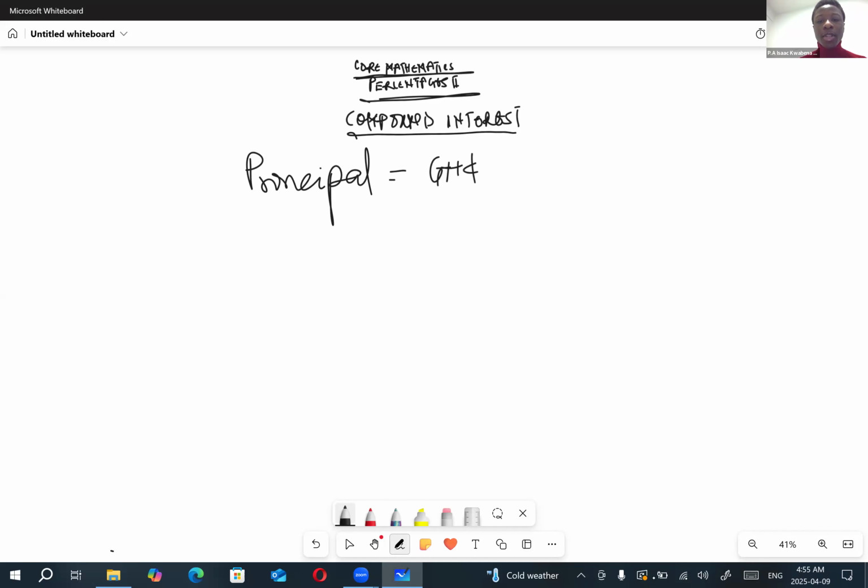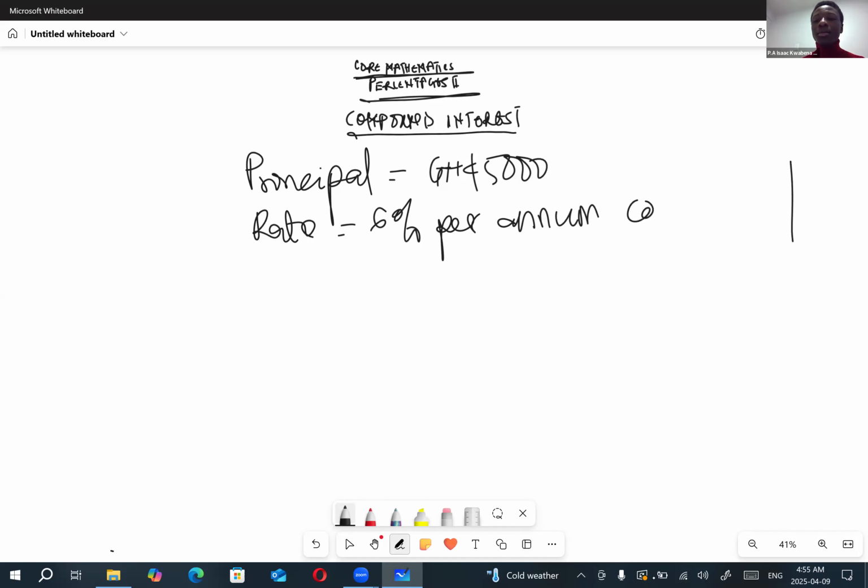She sent 5,000 cedis to a bank, and the bank told you that she wanted to save. The bank said our interest rate is 6% per annum, compound, I'm coming.